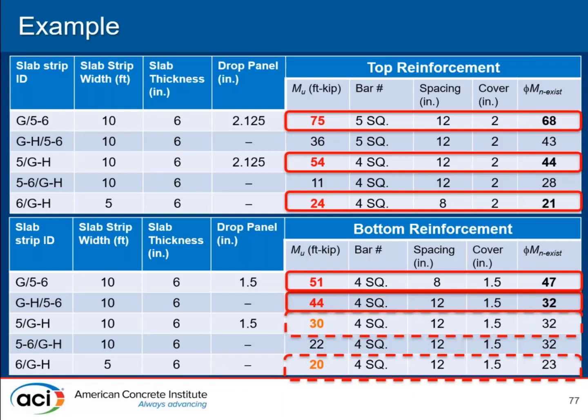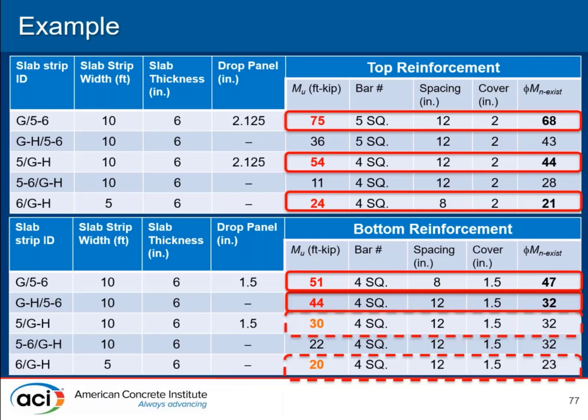So, for example, the first row of data shows that in slab strip G56, where there's a 2 1/8 inch drop panel present, the factored demand is 75 foot kips, and for the given reinforcement and moment arm, the factored capacity is only 68 foot kips. So that's deficient, and we're going to have to reinforce that region to increase the moment capacity.